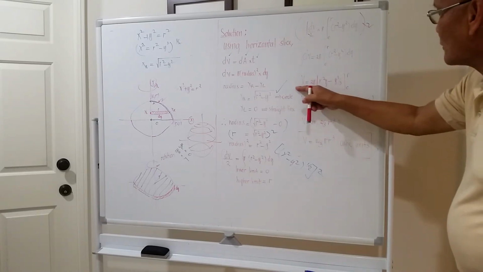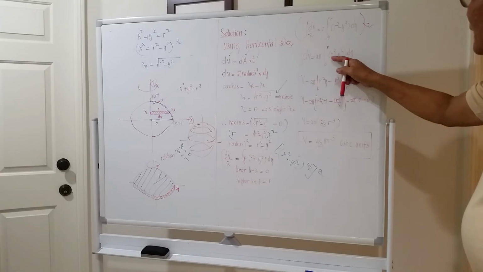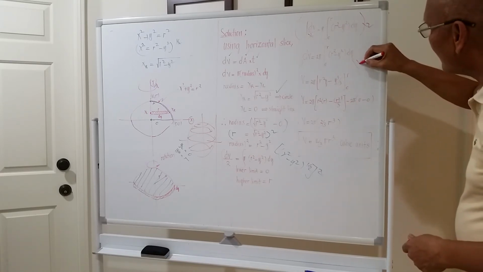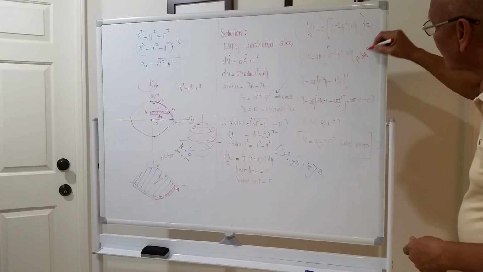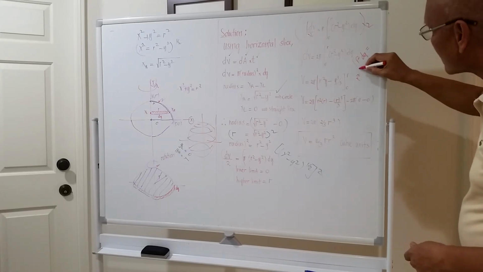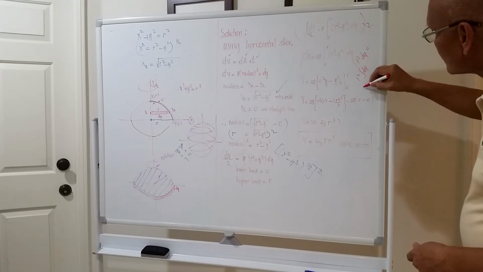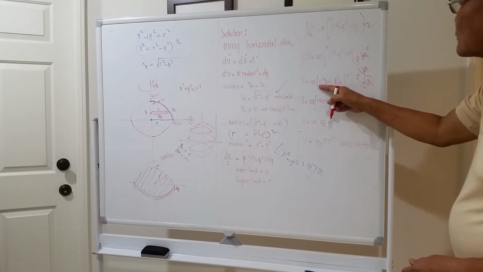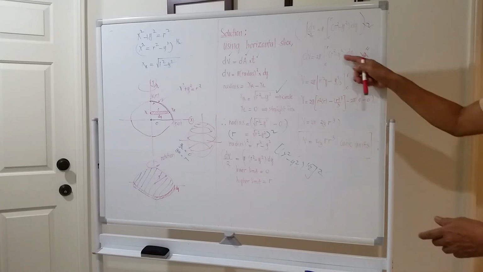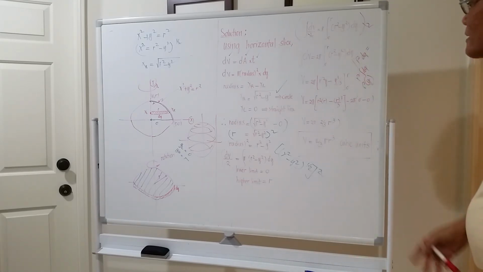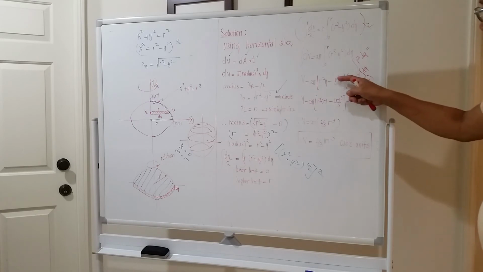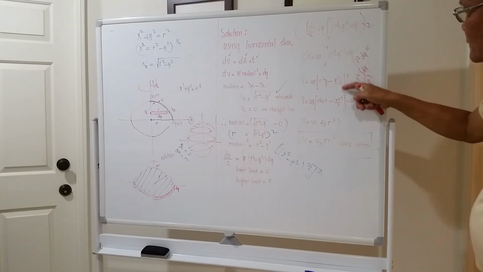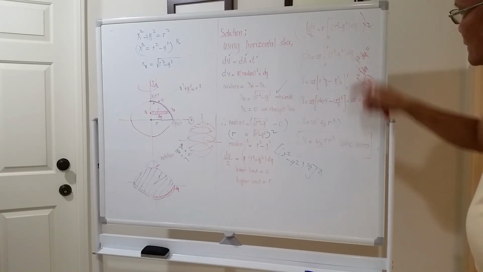Volume now will be 2 pi. R squared is constant, so the integral of r squared dy, we bring out r squared, the integral of dy, so it will be r squared times y. Second one, it's easy money, guys, power formula. So this should be y to the third power, 2 plus 1 which is 3, over 3, with the limit from 0 to r.